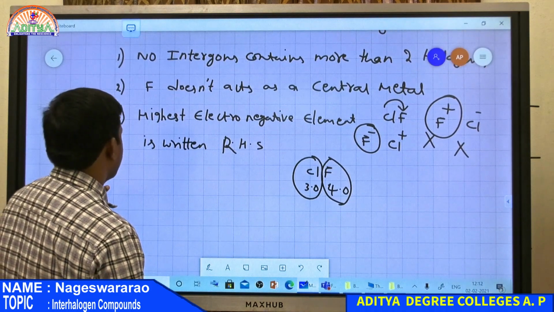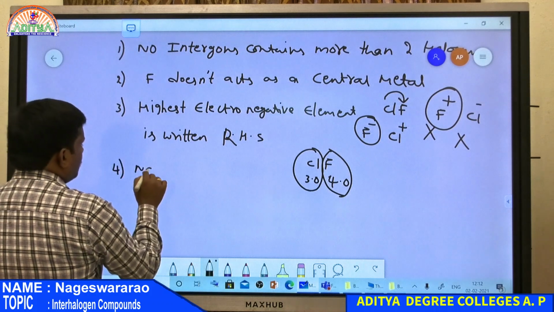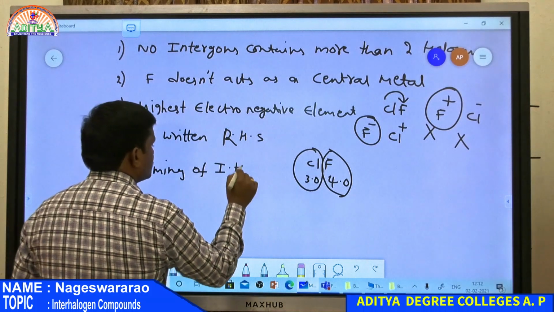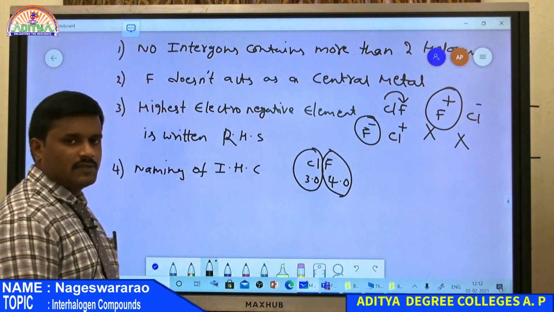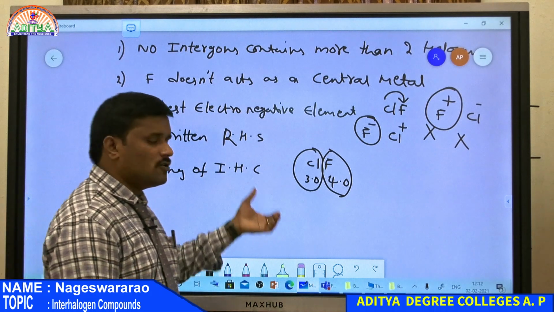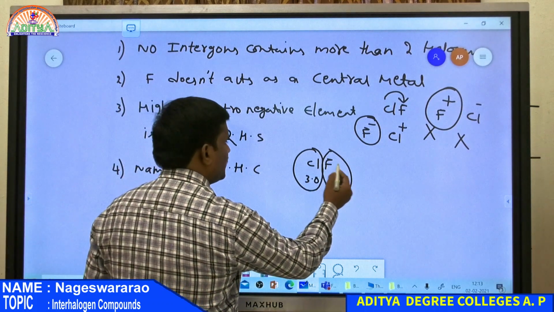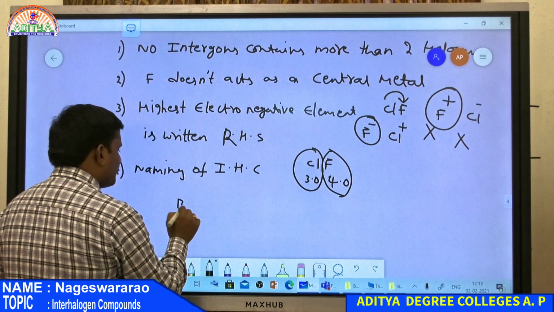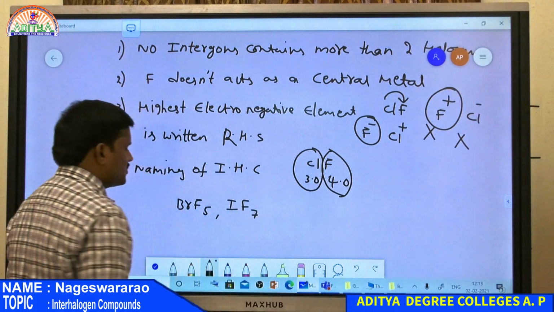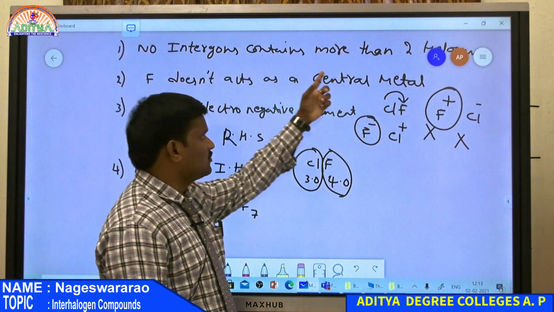And the fourth one is the naming of interhalogen compounds, IHC. The naming always follows the left hand side element. Suppose in the case of ClF, BrF5, IF5 or IF7, first, no interhalogen contains more than 2 halogens.